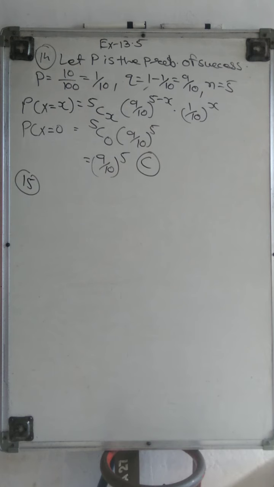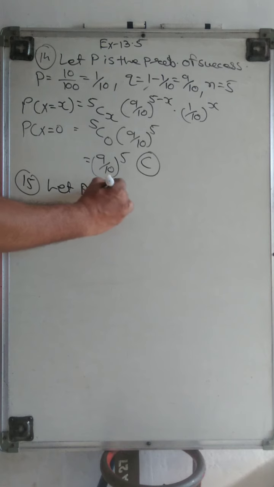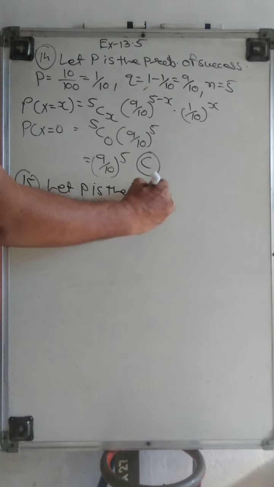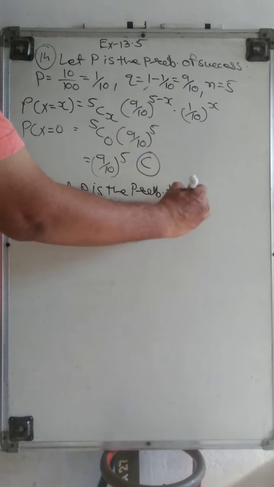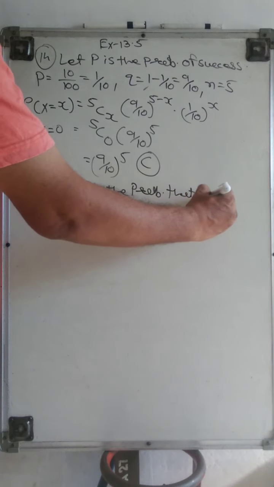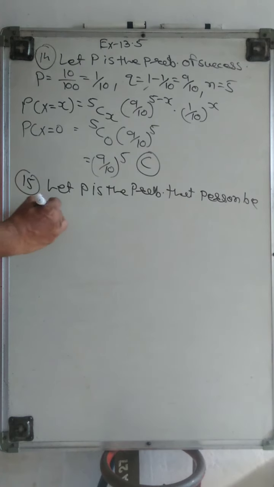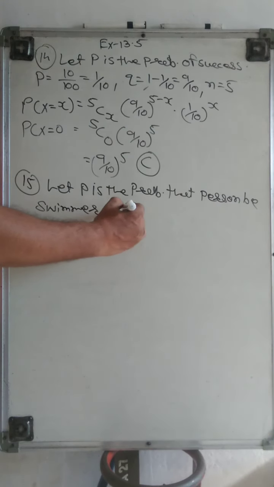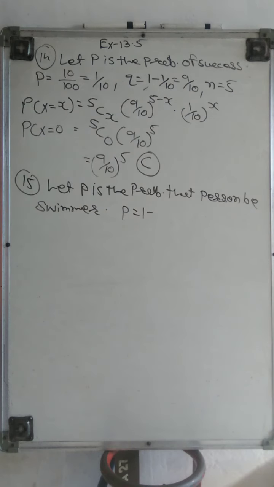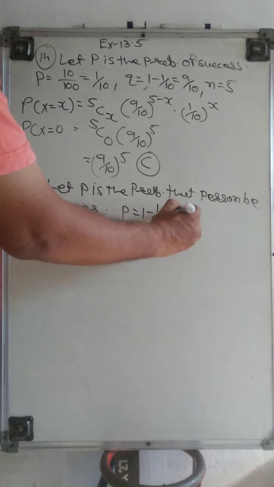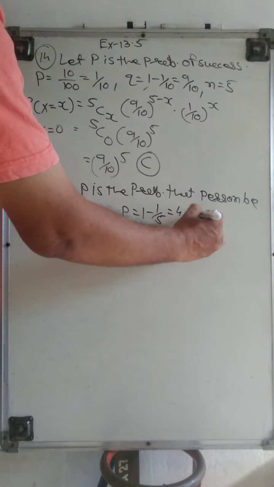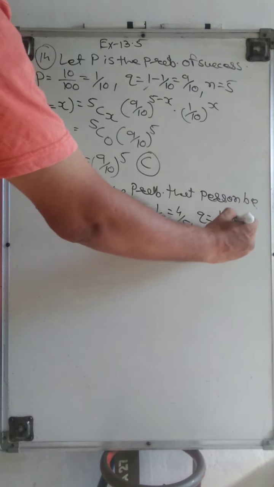So here let P be the probability that a person is a swimmer. P is equal to 1 minus 1 by 5, since the non-swimmer probability is given, so it is 4 by 5, and Q is equal to 1 by 5, right?